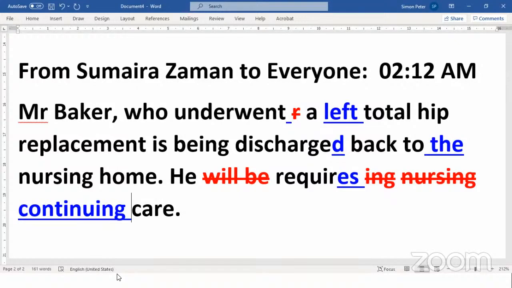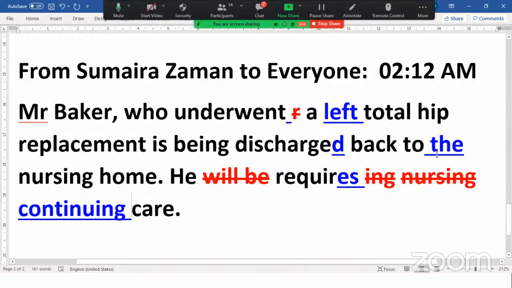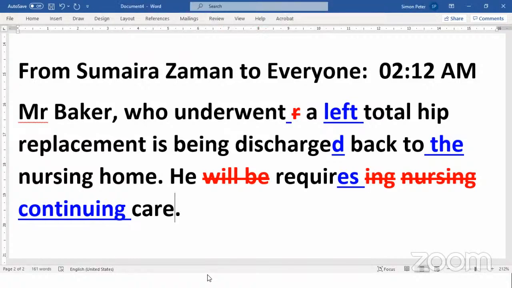Care at the nursing home, discharged back to the nursing home, discharged to the nursing home, or requires care at the nursing home. So this is how you have to modify.